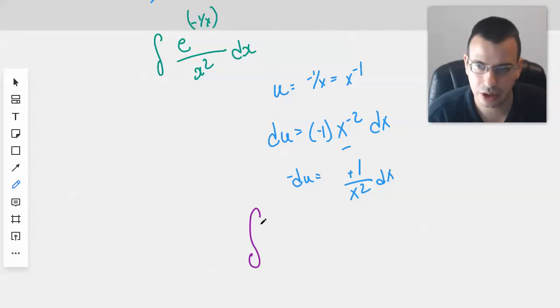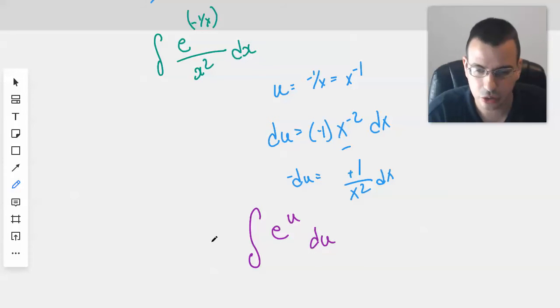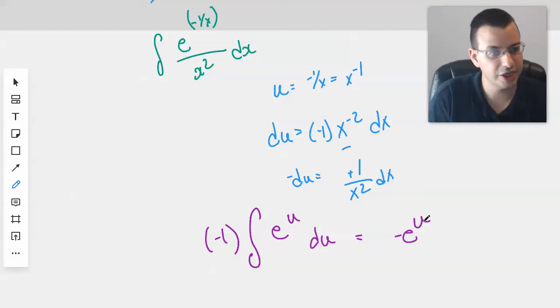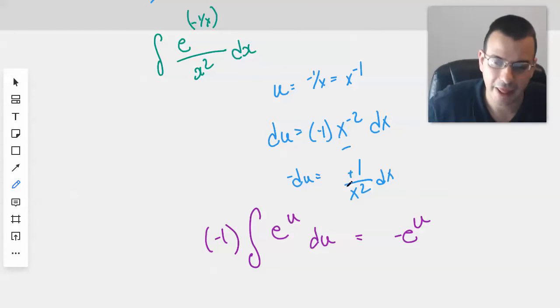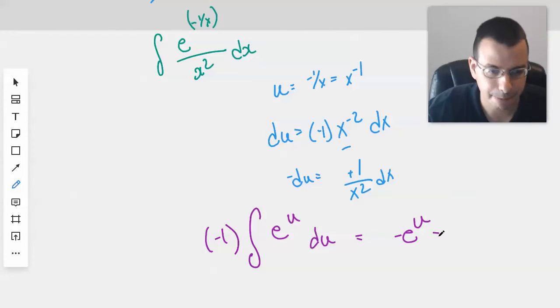We'll do an integral of e to the u, times 1 over x squared dx, which is du, and then there's a negative 1 out here. Okay? And this will be negative e to the u, since the integral of e to the u is just e to the u. And the negative 1, well, that's constant, so you pull it out and then bring it back in after you're finished integrating. So then we have e to the negative 1 over x.